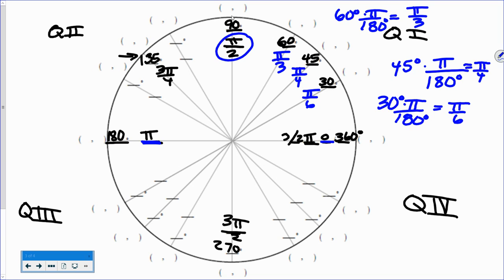So continuing on, right here, that would be 60 degrees. If I travel another 60 degrees from where that pi over 3 angle ended, that would be right there. Does that make sense?